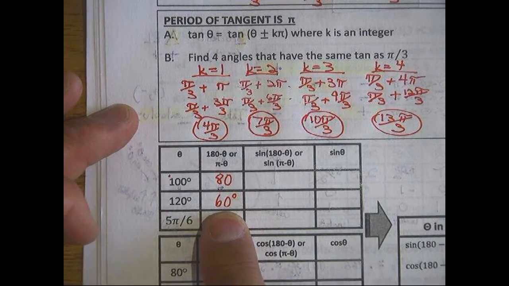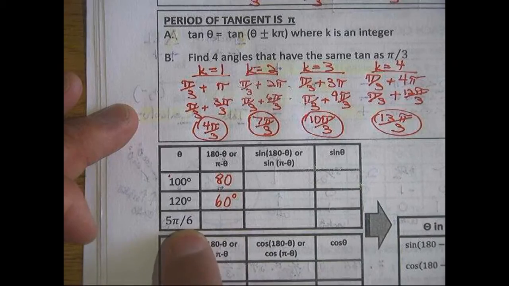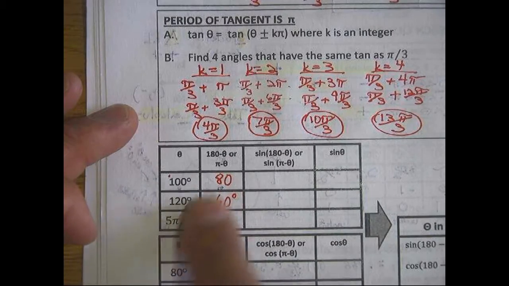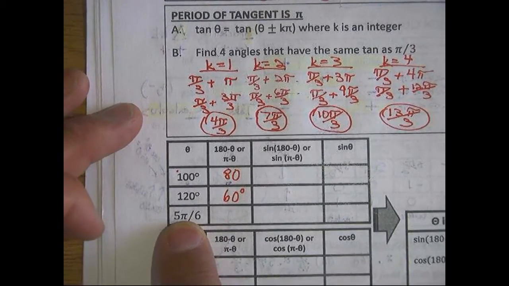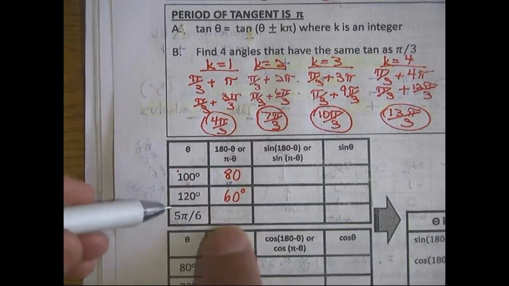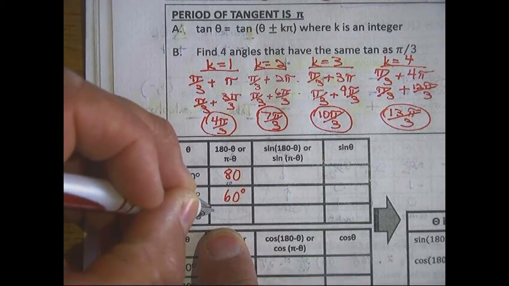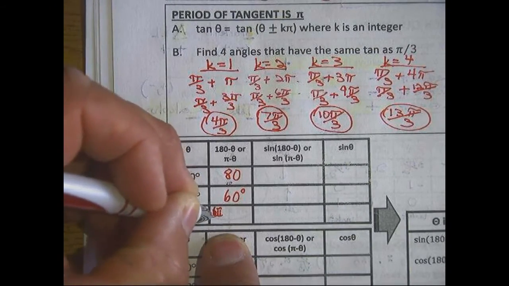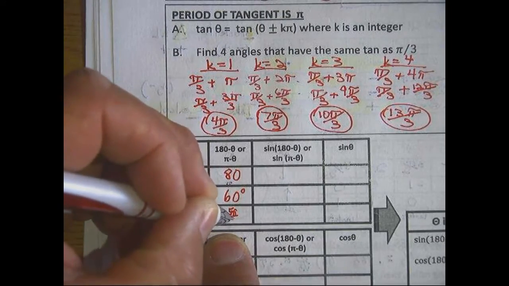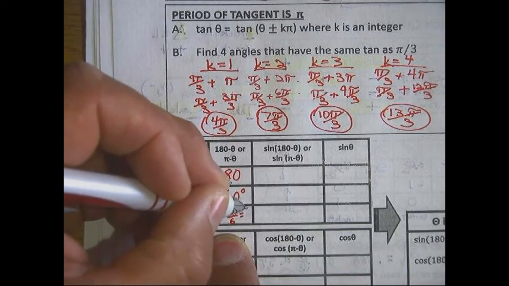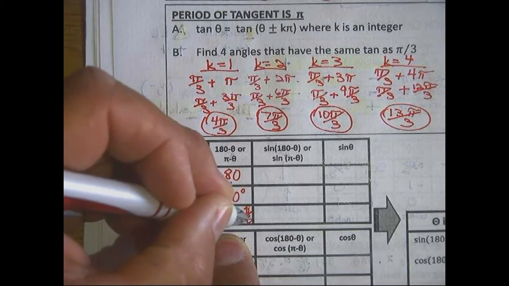You with me? For this one, since this is in radians, we're going to take pi and subtract 5 pi over 6. Pi, which would be 6 pi over 6, minus 5 pi over 6 equals 1 pi over 6.